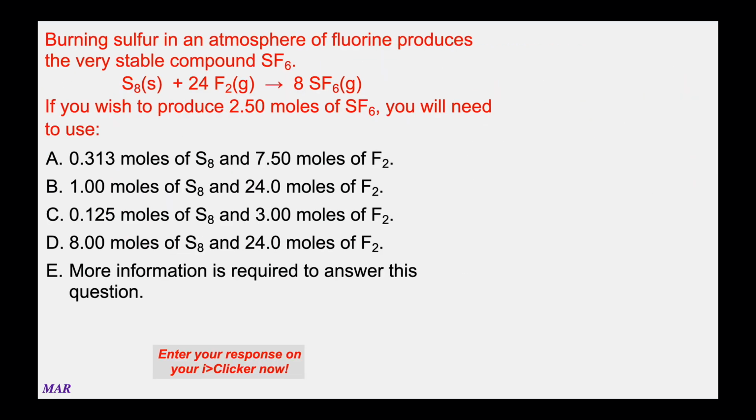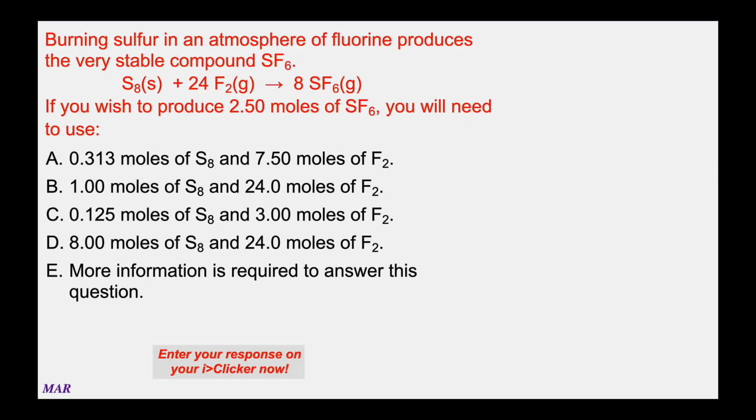Cool. Burning sulfur in an atmosphere of fluorine produces the very stable compound SF6. SF6 is actually one of the worst, apparently, things for greenhouse gases. So SF6, sulfur hexafluoride, is actually a controlled substance now, which is interesting. Anyway, we wish to produce 2.50 moles of SF6. So what are we going to need here?